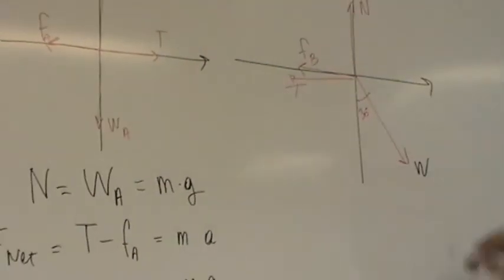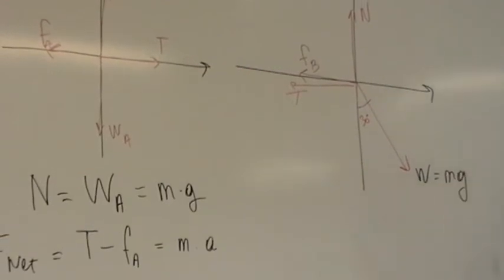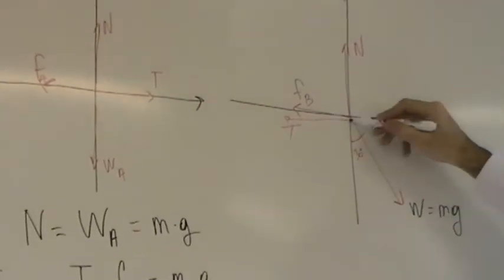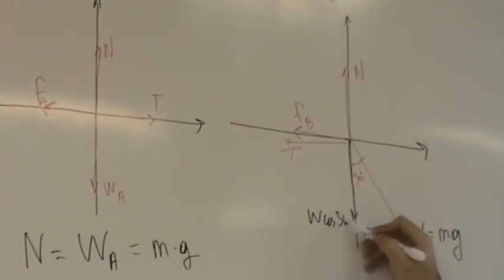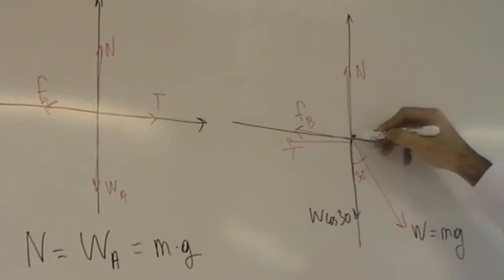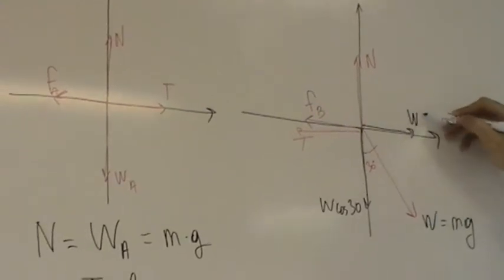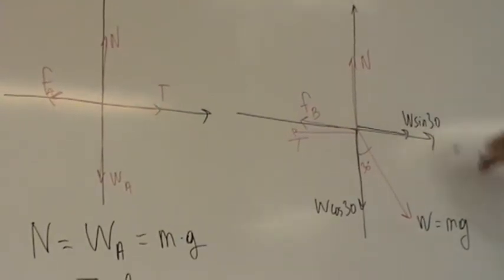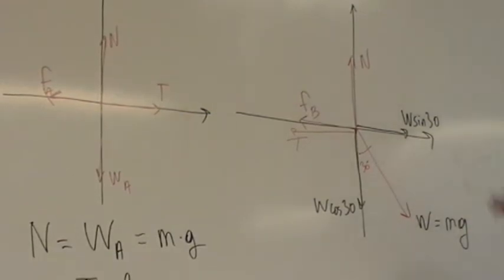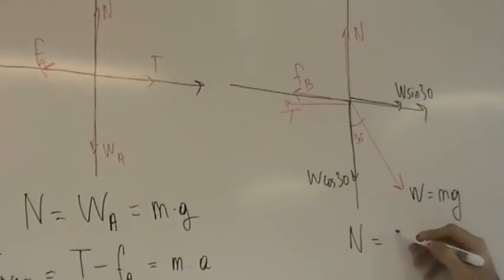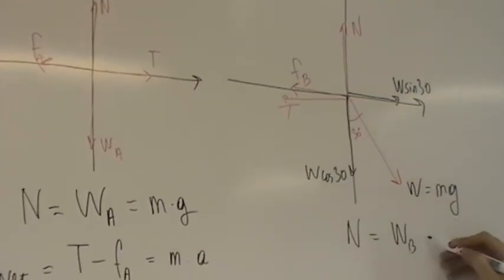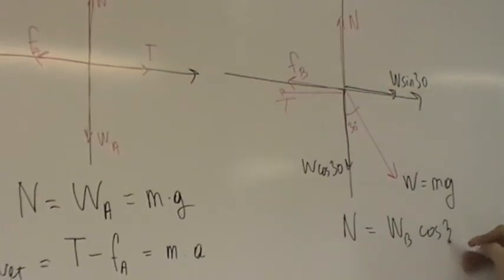Here is W, which is mg, and it has two components. One in the y direction, that is W cosine of 30, and there is one more component in the x direction, that is W sine of 30. Now I'm going to look at x and y coordinates again. There is an equilibrium in the y direction, therefore normal force will be equal to W cosine of 30.